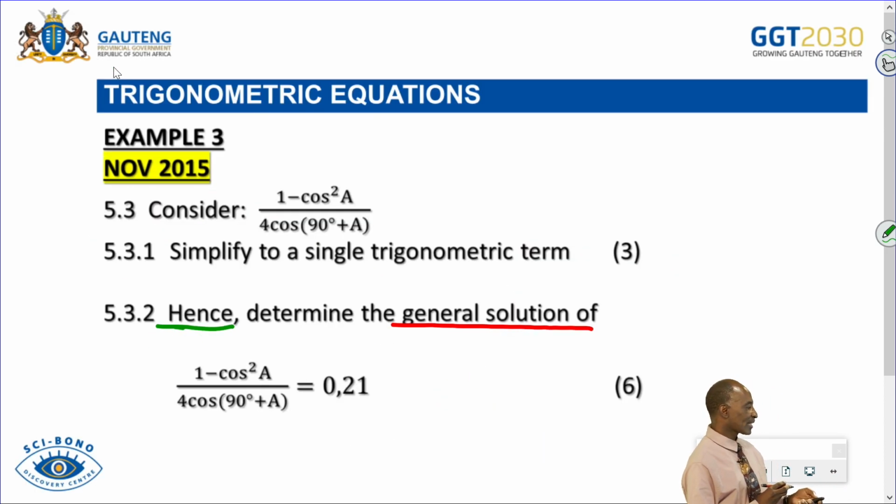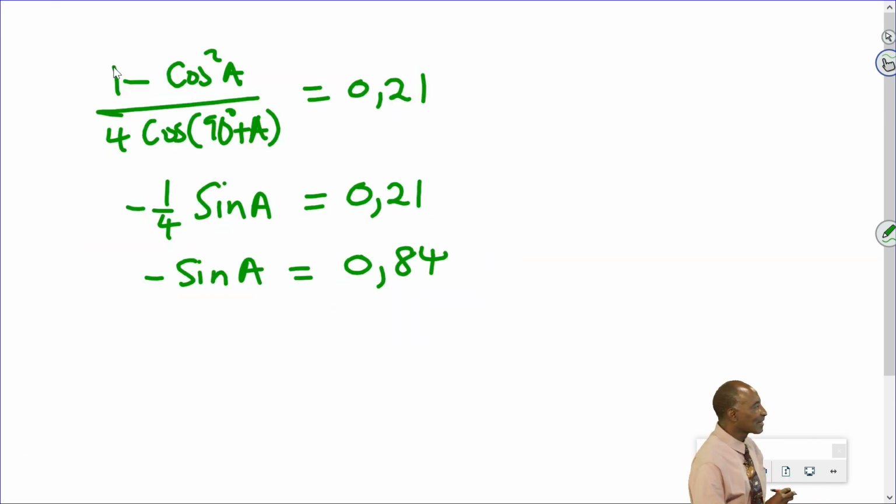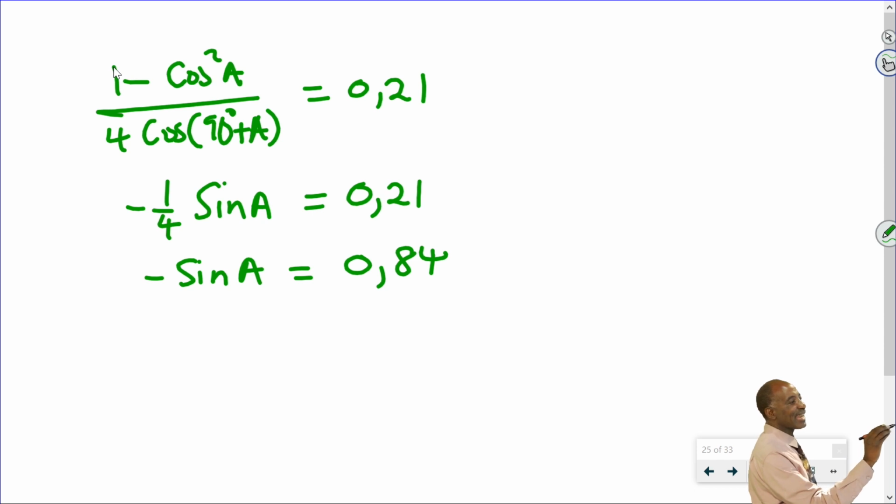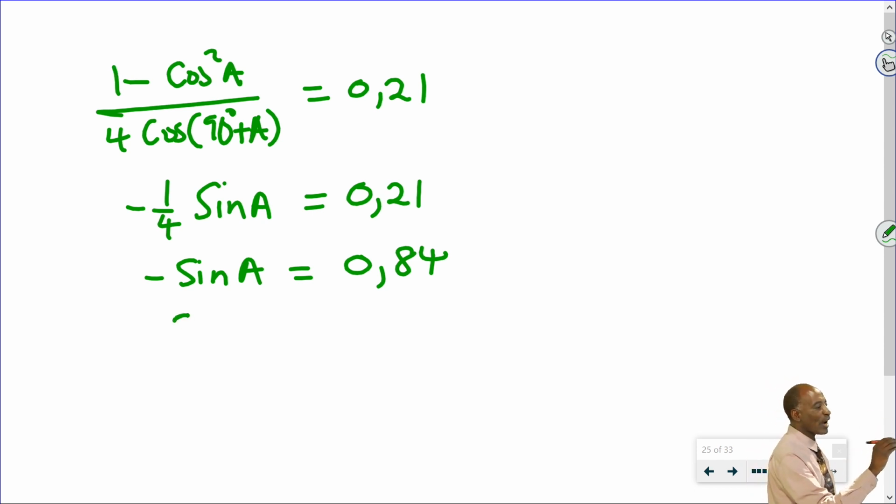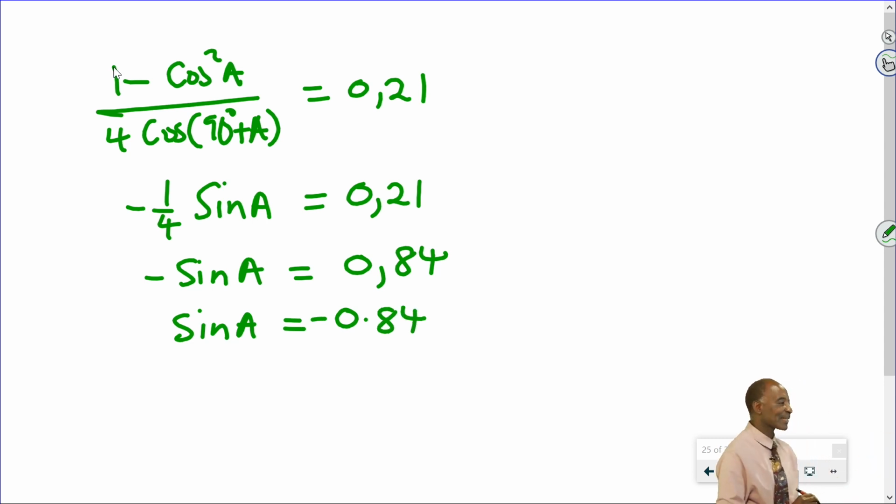Let's check our question. Yes. Then we proceed. Our negative sine A equals to 0.84. We divide throughout by negative 1 to get sine A is equals to negative 0.84, like that.